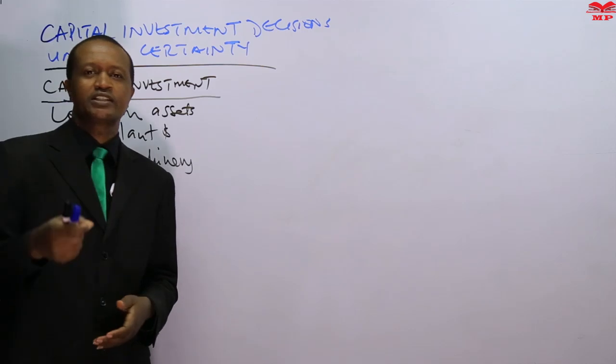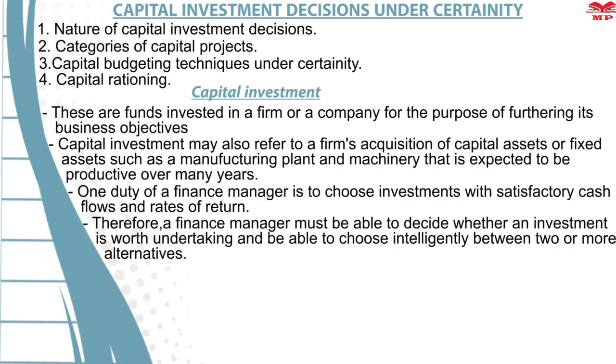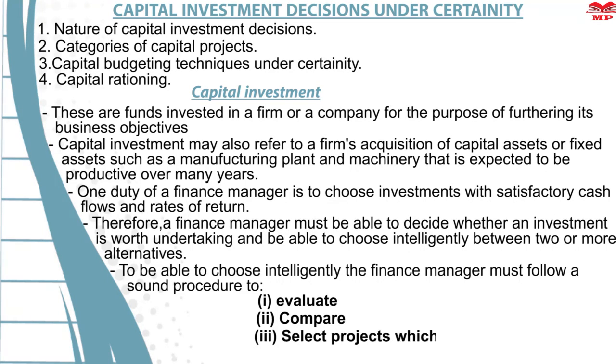So resources are scarce. So it's very important to invest intelligently. To be able to choose intelligently, the finance manager must follow a sound procedure to, number one, evaluate, number two, compare, and number three, select projects which are needed.